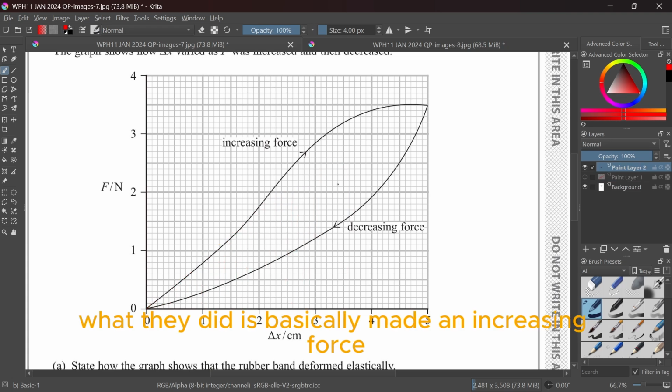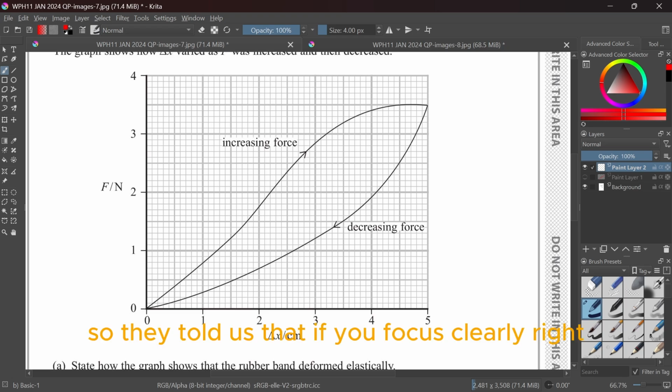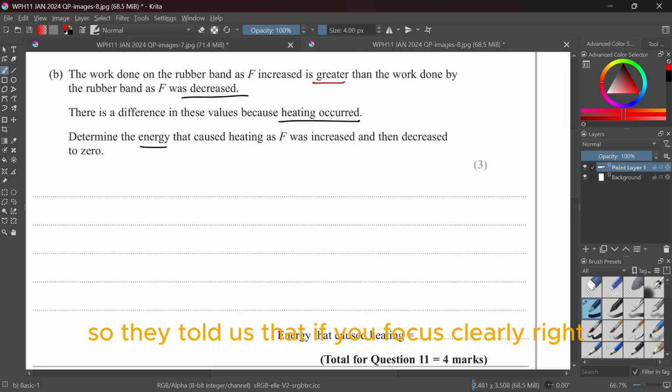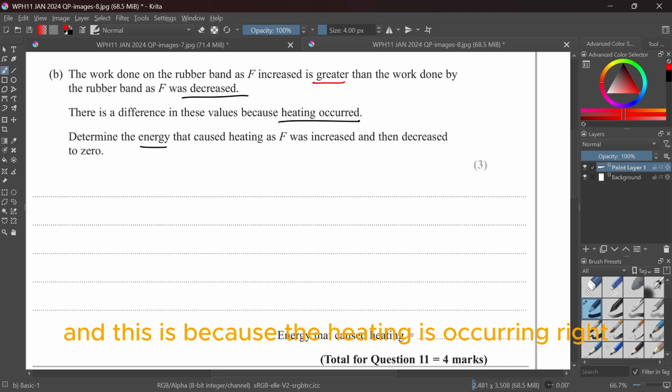Now, what they did is basically made an increasing force and a decreasing force as well, right? So they told us that the work done is greater when the F increased and the work done is less when the F decreased. And this is because the heating is occurring, right?